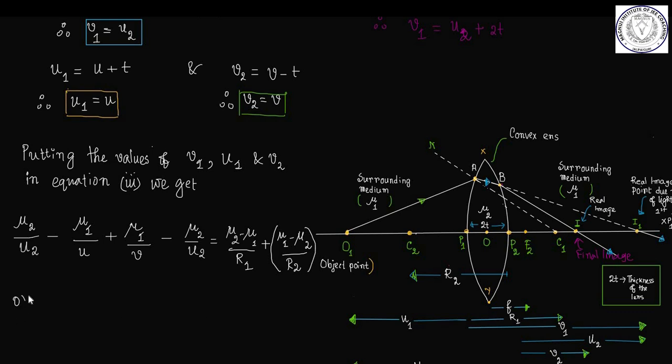Or, mu1 by V minus mu1 by U is equal to (mu2 minus mu1) divided by R1 minus (mu2 minus mu1) divided by R2.